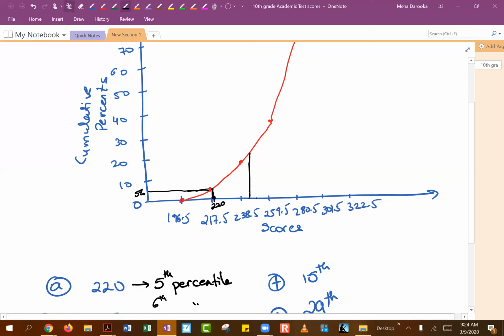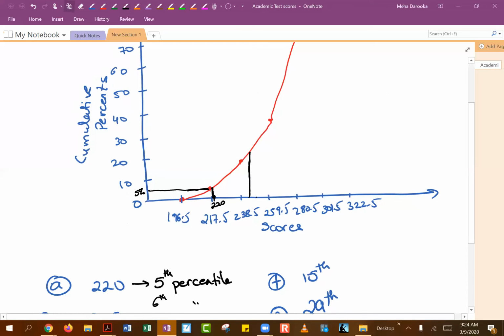And the idea is keep going straight till you get to that curve of your percentile graph. Remember, this was basically an ogive graph that we did. And then you have to figure out what that horizontal percentile rank would be. Using a straight edge would be helpful.